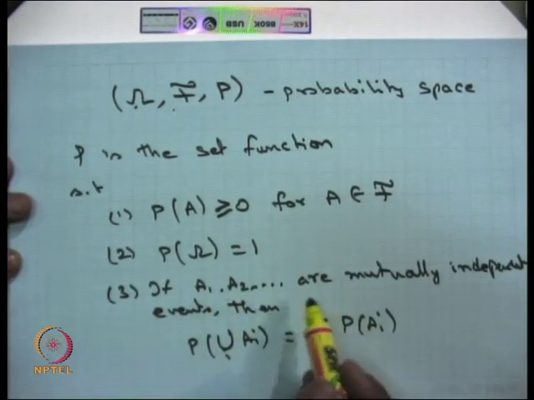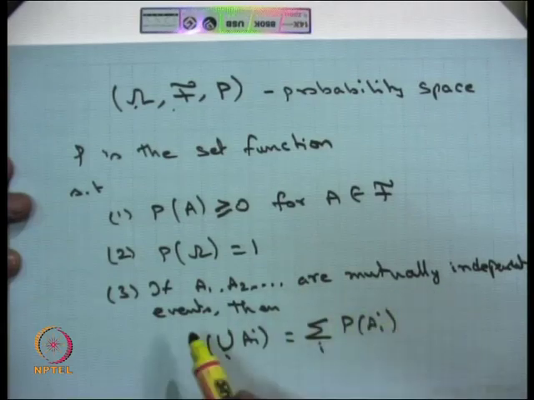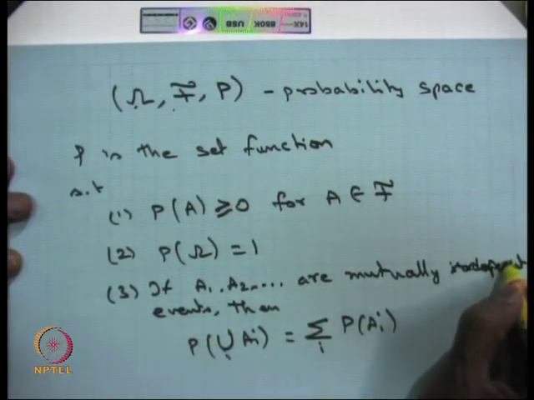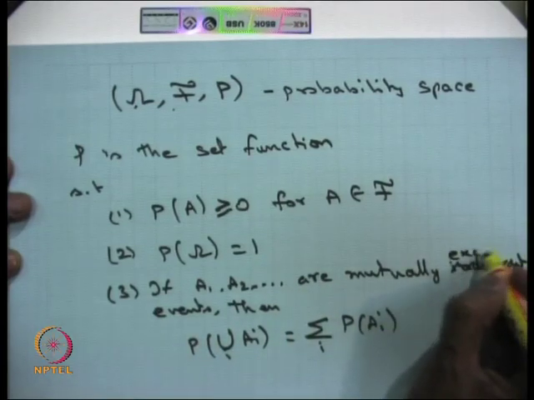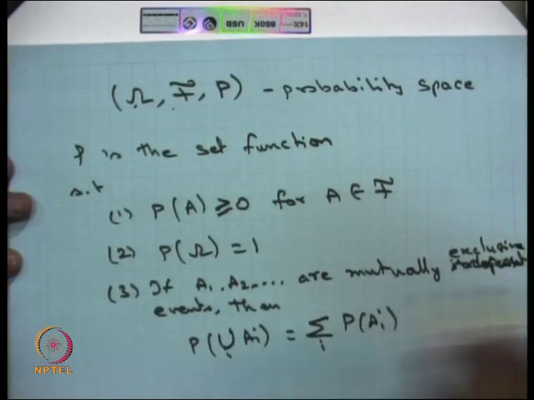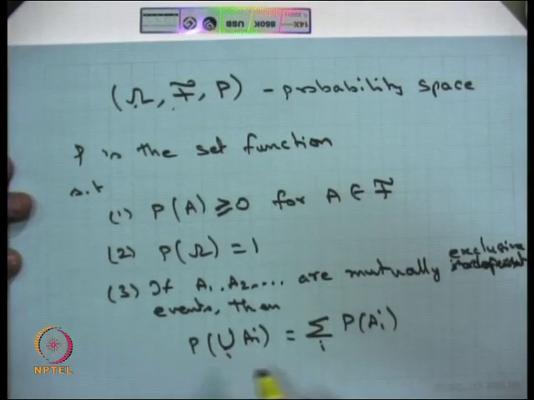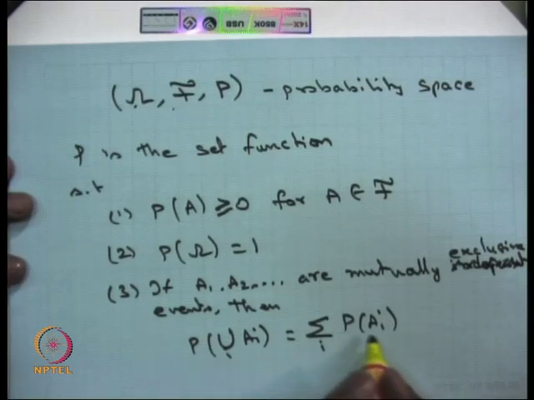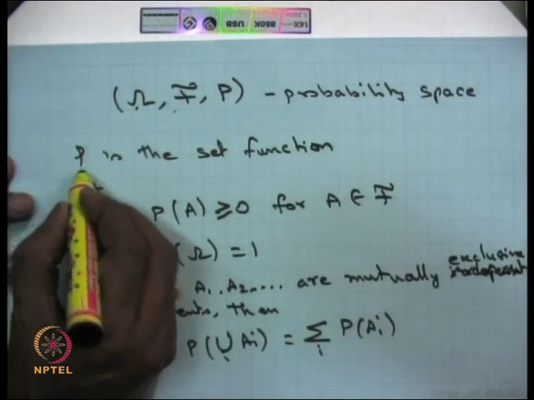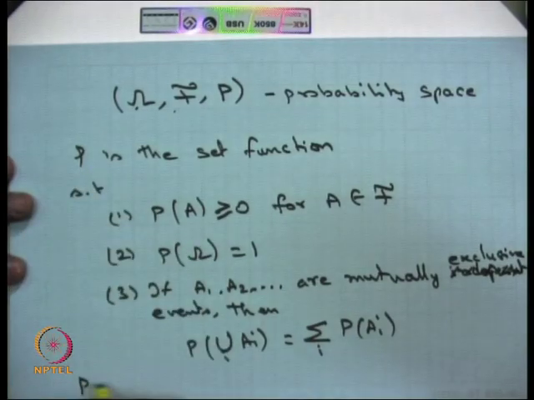And the third condition: if you take A_i's that are mutually exclusive events, then the probability of the union is the summation of the probabilities, the summation of P of A_i's. Then this P is the set function, and P is called the probability measure.